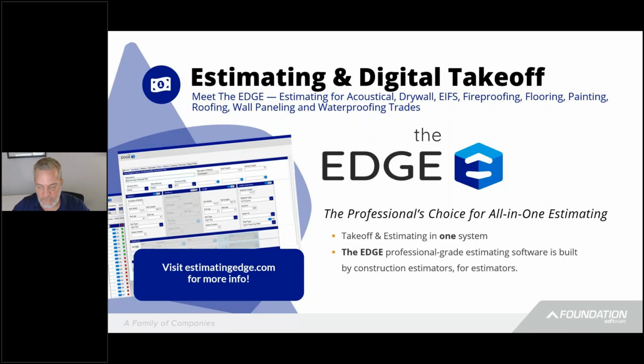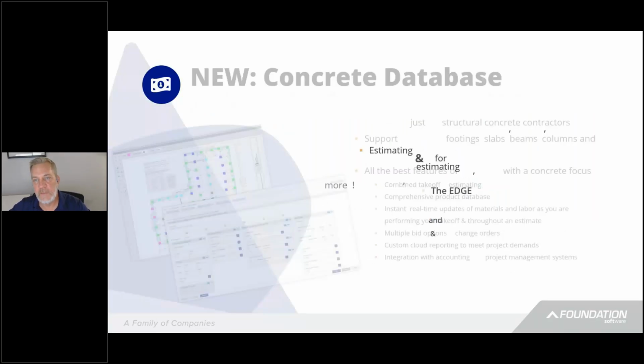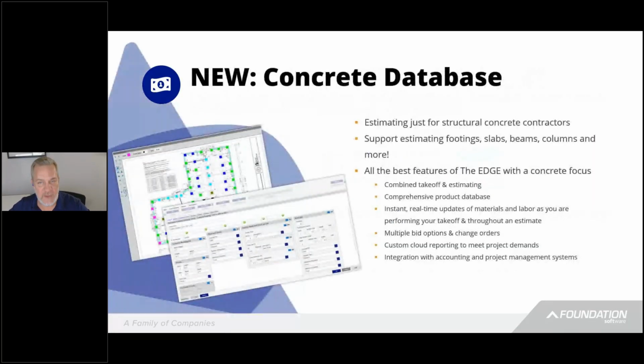It's been proven in other trades, and we've worked with concrete contractors to come up with what I'm about to show you today. It's made specifically for structural concrete contractors. It does things like supporting estimating footings, slabs, beams, columns, walls. We've expanded it into sidewalks and driveways and things of that sort.